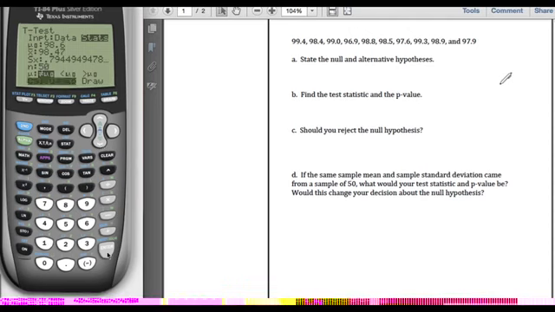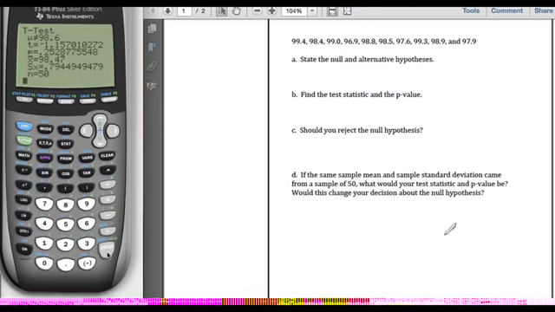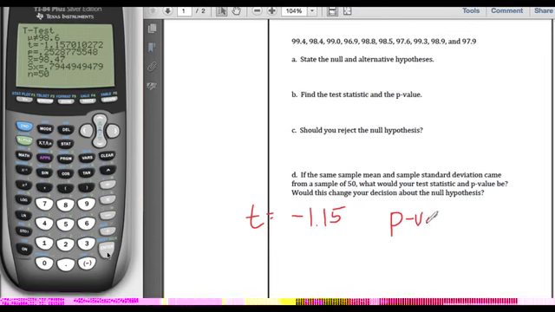When I calculate this, I get a new t. It's negative 1.15. And a new p-value, which is 0.2529.